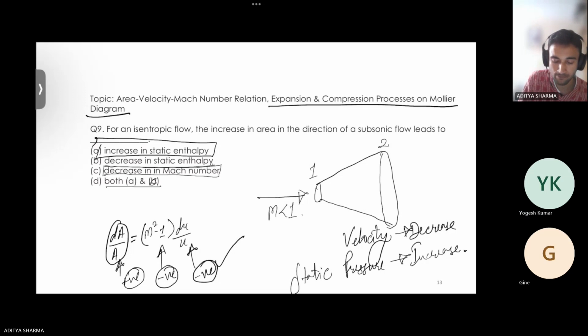Okay, then I'll look into this question again, whether the static enthalpy increases or decreases, but this is sure that the Mach number will decrease. That is sure, right? Okay, I'll look into it, and then we shall discuss in the starting of next session, all right?